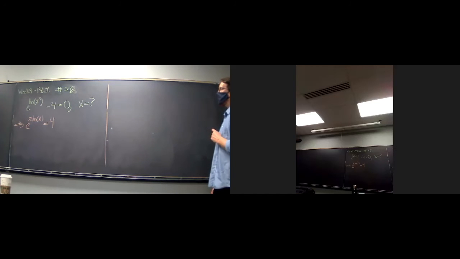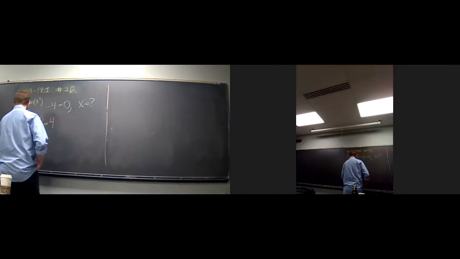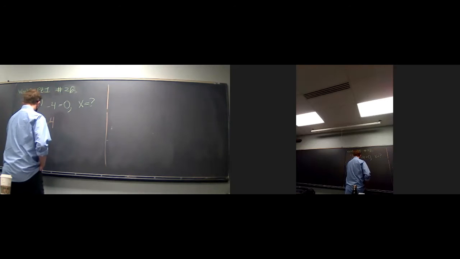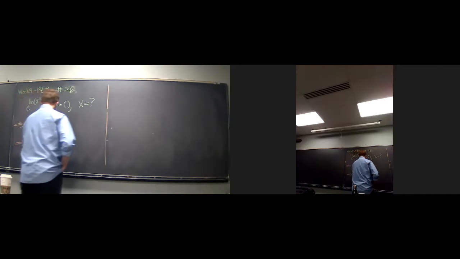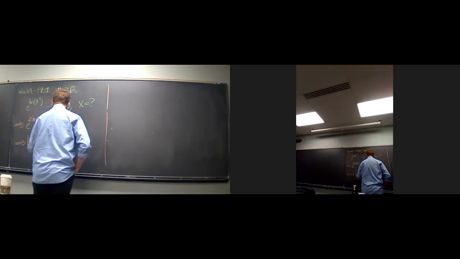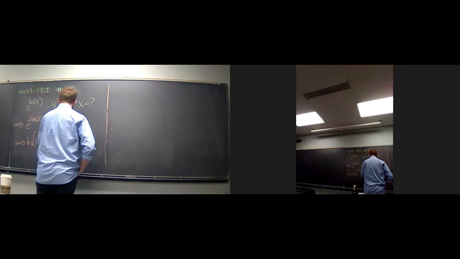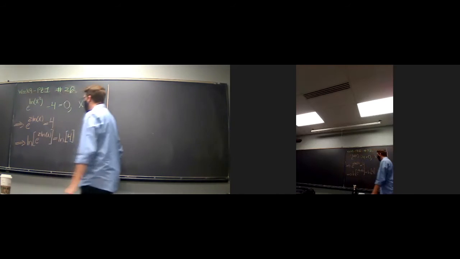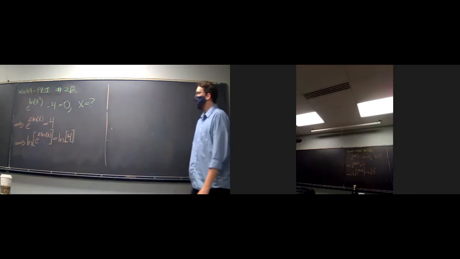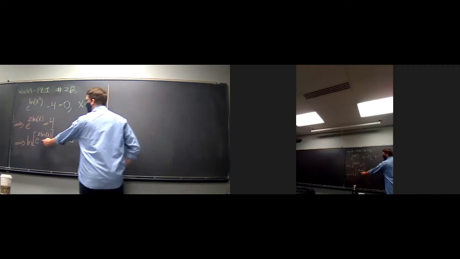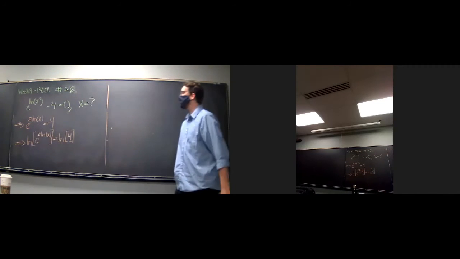Now, we're gonna take the logarithm of both sides. But notice the left-hand side, this is just gonna come out to be 2 times the ln of x.